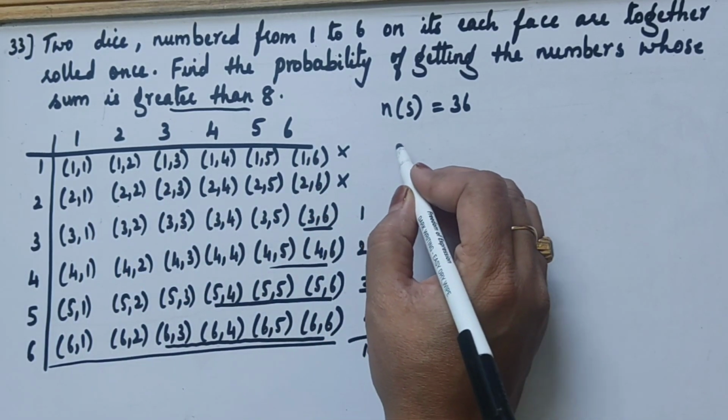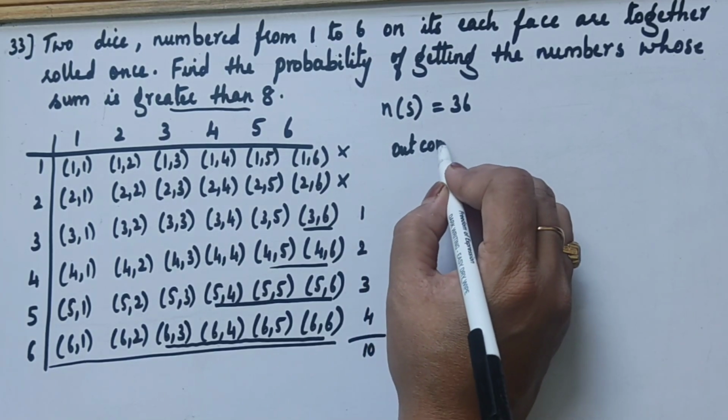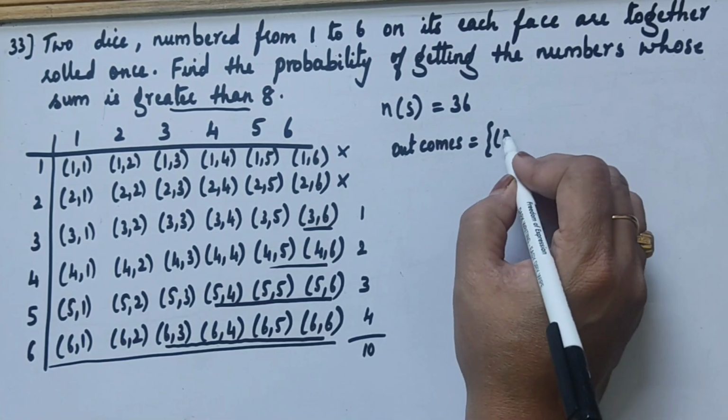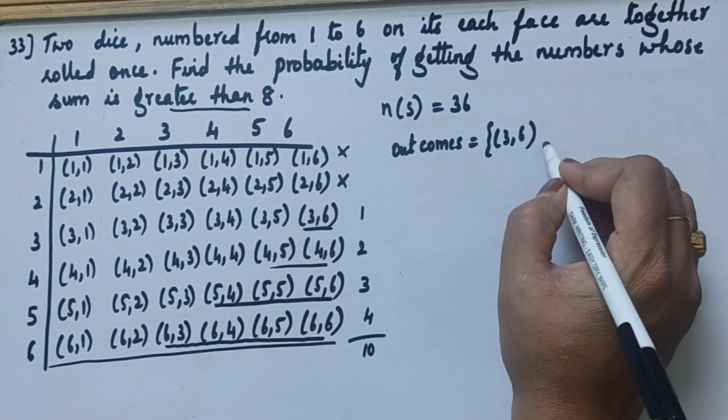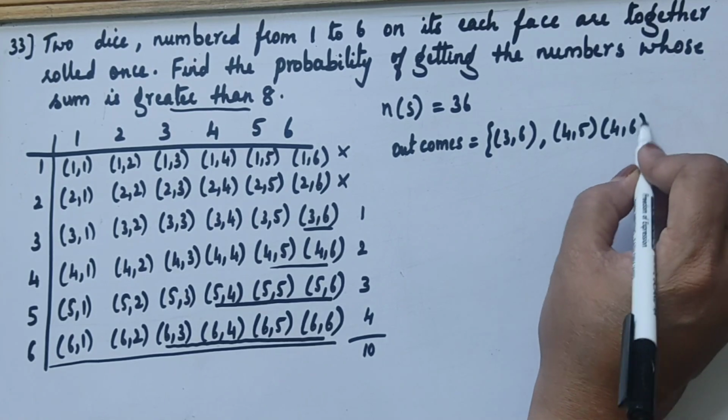Let me write the outcomes. The outcomes are, I'll write here 3 6, 4 5, 4 6. Okay.